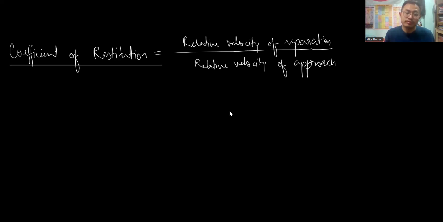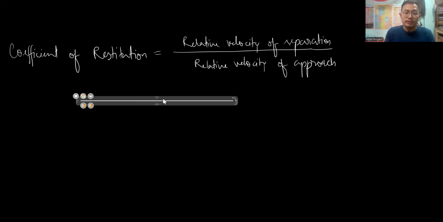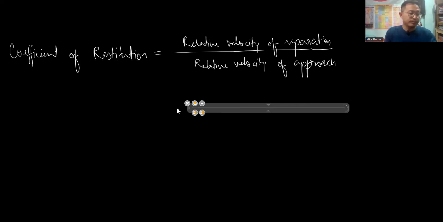Coefficient of restitution for two body system, three body system, we will see. We take the relative velocity of separation by relative velocity of approach. We will do the rest in the next class, ma'am.